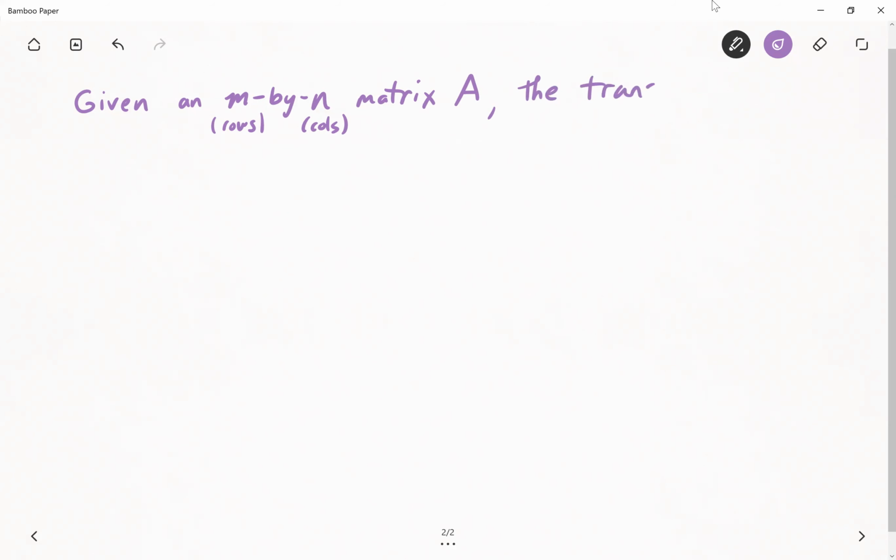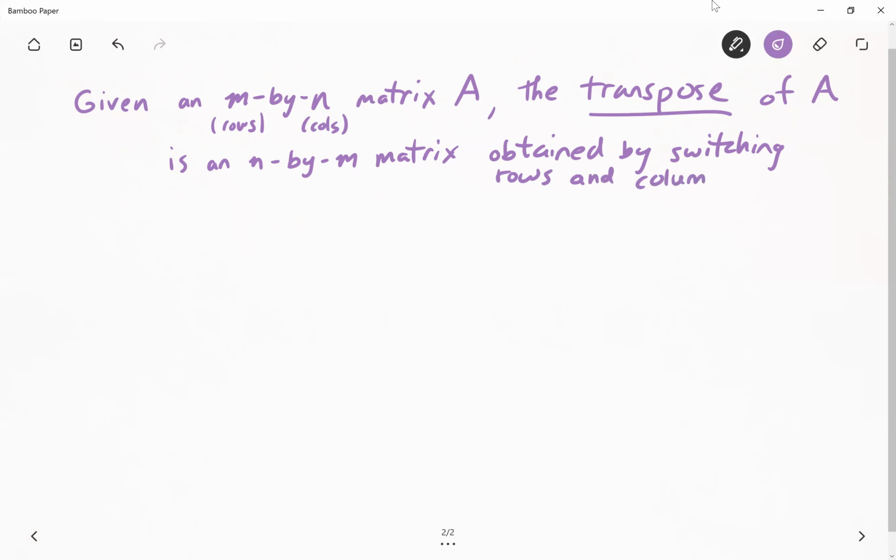The transpose of the matrix A, transpose of A, is an N by M matrix obtained by switching the rows and columns of A. So in other words, it's almost like turning the matrix on its side and switching some things around.